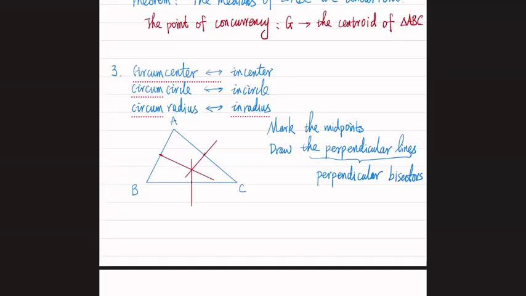This may not be very accurate. The point is they are concurrent. If you have this, I'm happy with it.